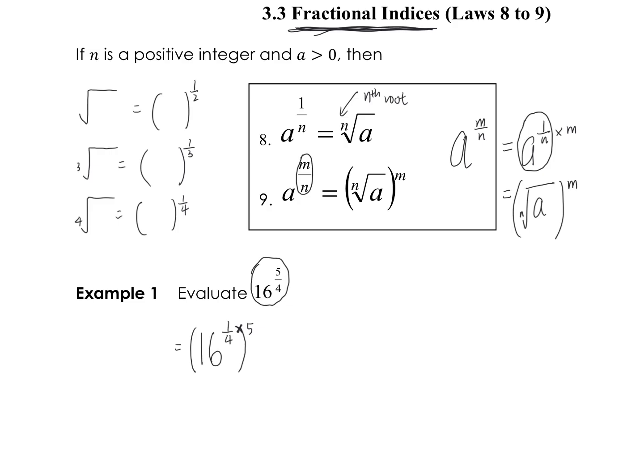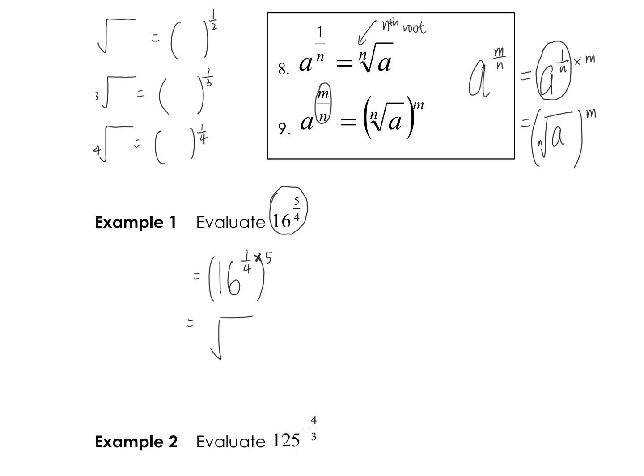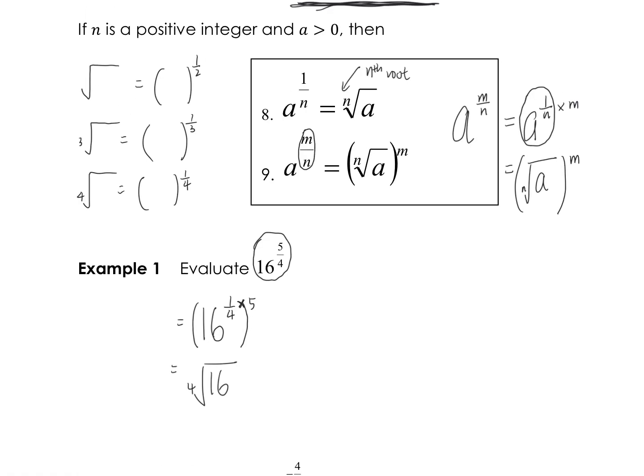And if you go and find the 4th root of 16, this is the last 2. Okay? So actually the 4th root of 16, if you press the calculator, it is 2.